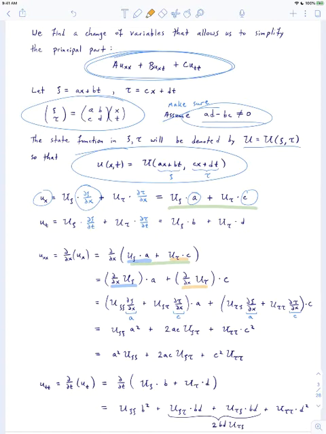Okay, so now we want to compute the partial derivative of capital U sub c with respect to x, and we have to use the chain rule. So we differentiate capital U sub c with respect to c, then multiply by the derivative of c with respect to x, which is this thing right here, and then we add in the derivative of capital U with respect to tau.